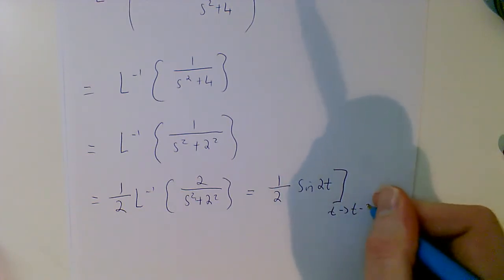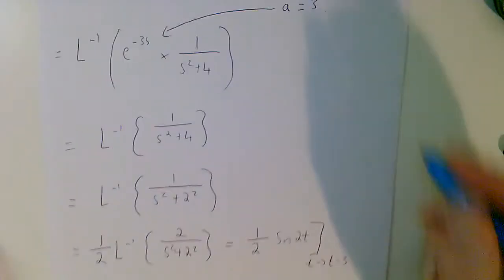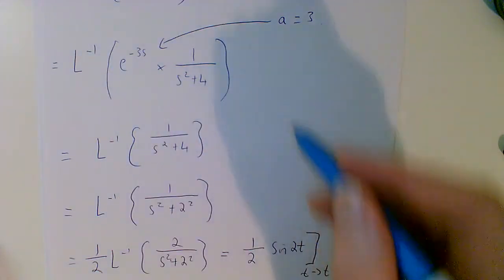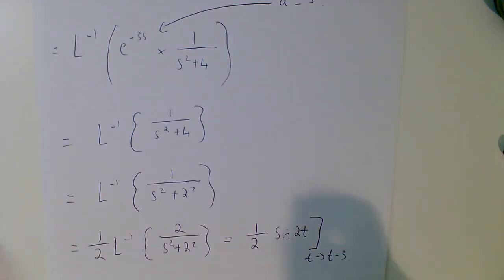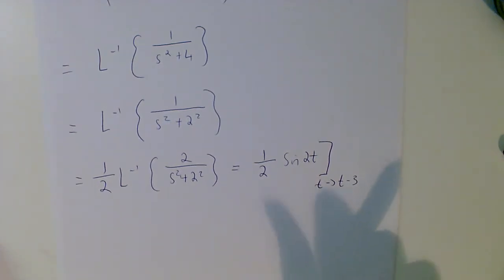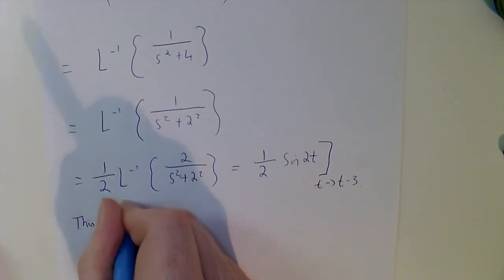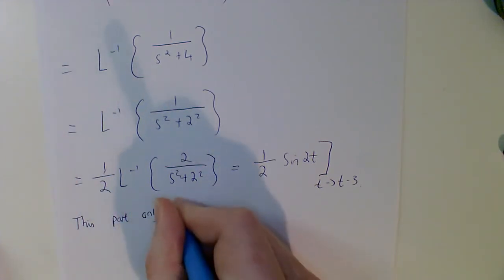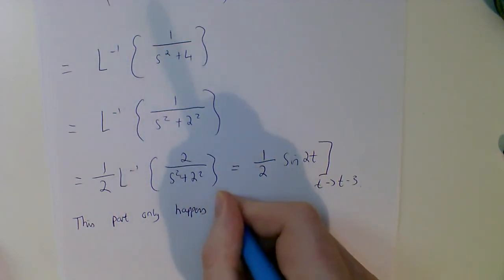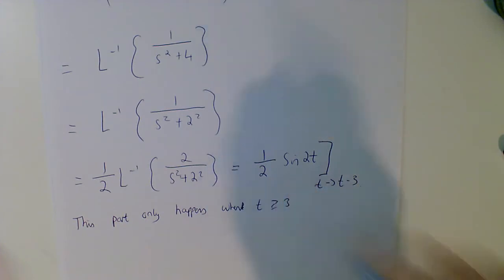Now remember, because I've identified that a is 3 up here, this is happening as t goes to t take away 3, because of the second shift theorem, because this is where these two bits are linked. So this bit here comes down into here. And this part only happens when t is greater than or equal to 3.